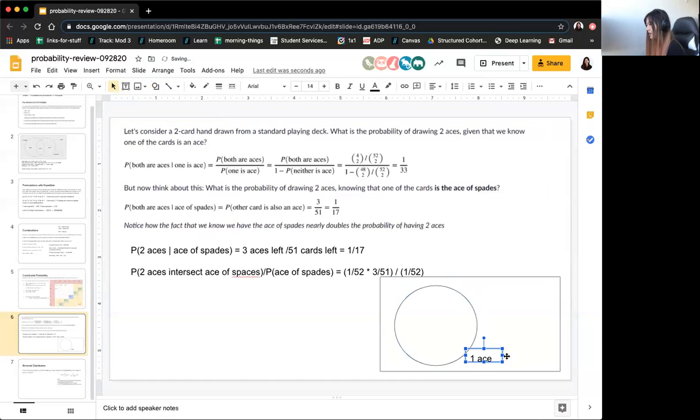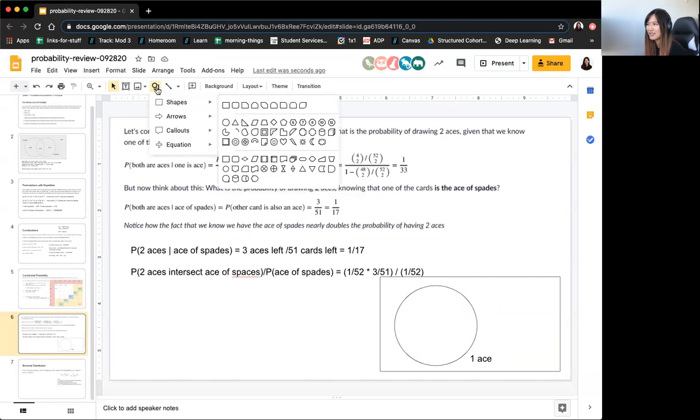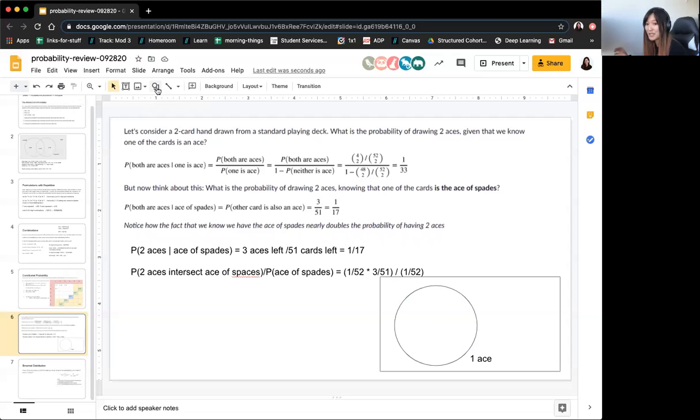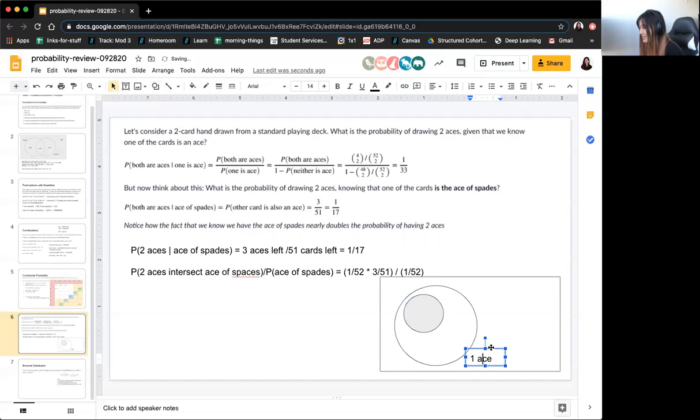Now, every situation where you get two aces is going to be a subset of getting one ace. I don't know if that makes sense. If you get two aces, it means you already got one ace. So I like to draw a second bubble within this, saying that this smaller bubble is the situation of getting two aces.